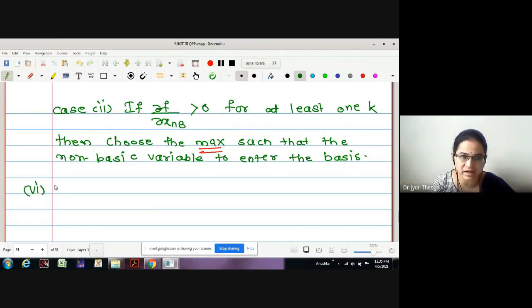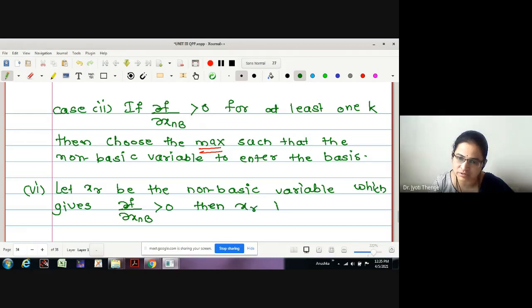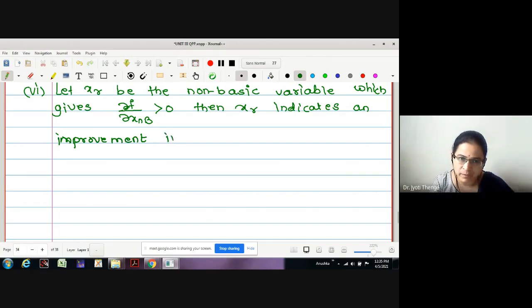Let xr be the non-basic variable which gives ∂f/∂x_B greater than 0, then xr indicates an improvement in f(x). Next is to determine the value.